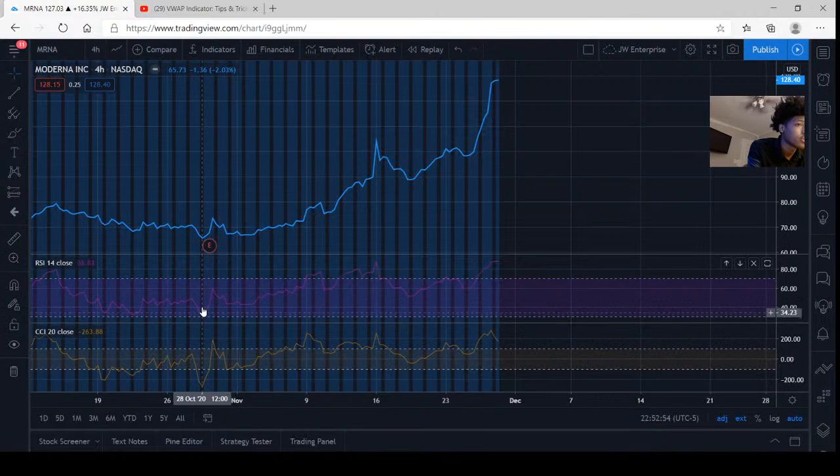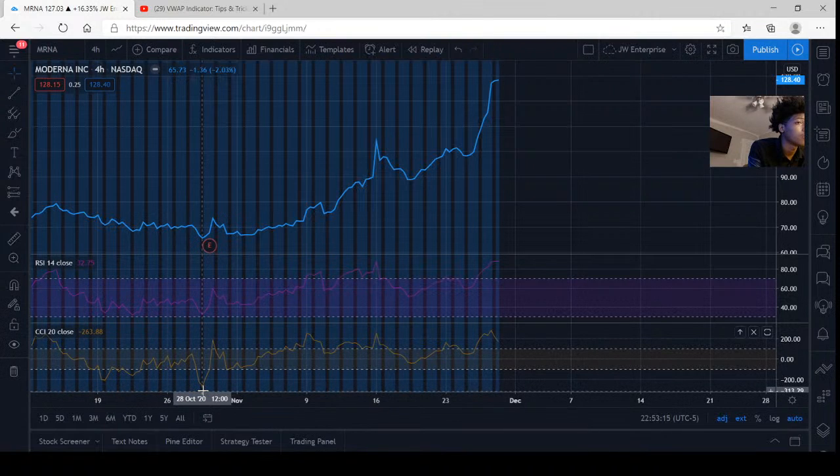And right here you can see where this isn't oversold, but right here we see it's oversold. So it has to go back up. We're oversold right here on the share price, so this has to go back up.